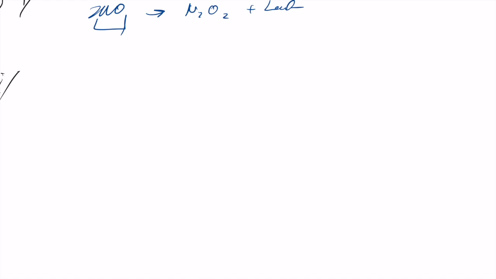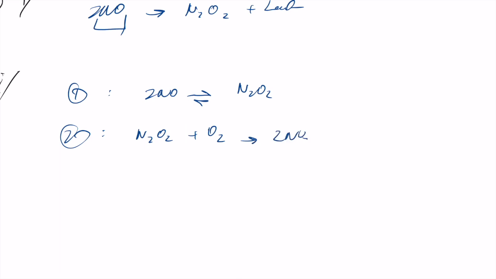Now, you need to ask yourself, what is the molecularity of each reactant? So in our first step, we have 2NO going to N2O2, and then in the second step, N2O2 plus O2 goes to 2NO2.